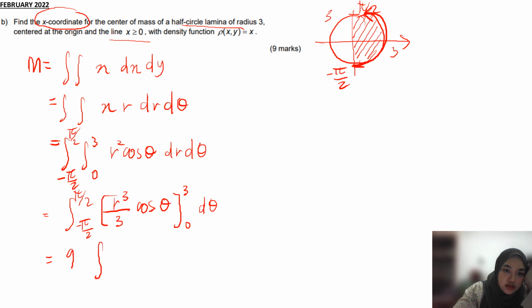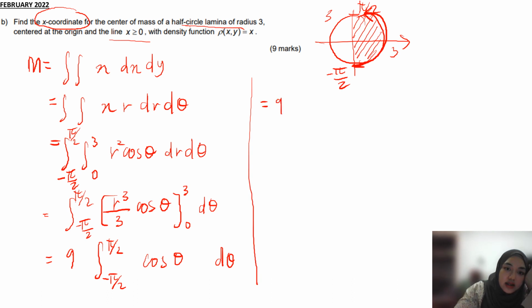So this one, you have to show what you want to integrate with respect to d theta. Okay, don't simply skip the step. So this one is cos theta. Continue: 9 cos theta, we integrate, you will get sin theta from negative pi over 2 until pi over 2.